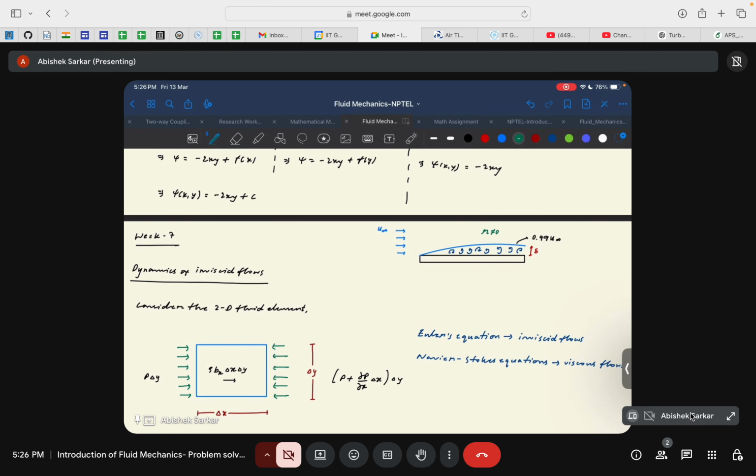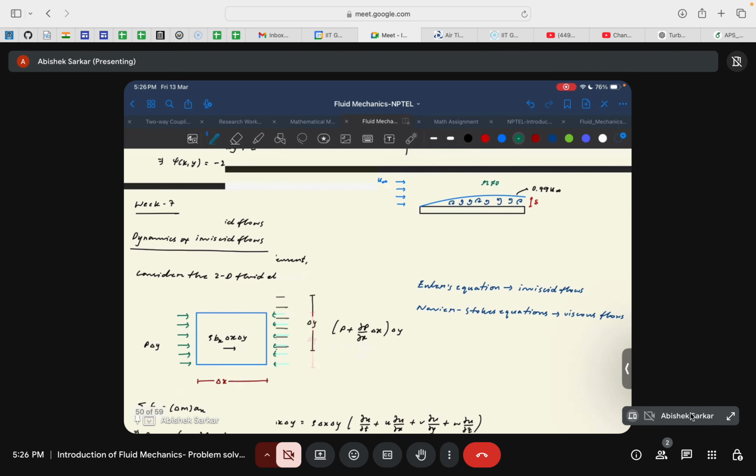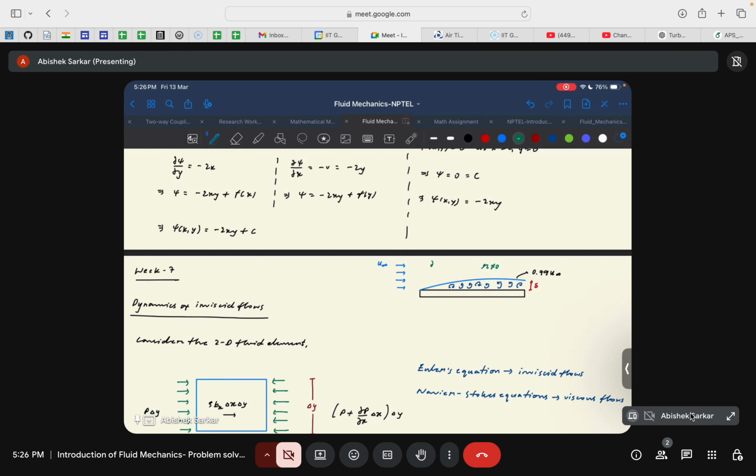Beyond the boundary layer, the velocity gradients are so small that they are not able to manifest the presence of the plate in these regions. That's why the region more or less behaves like an inviscid region. It's not that viscosity is zero, but the velocity gradients are so small that the effect of the plate cannot be manifested in those regions.